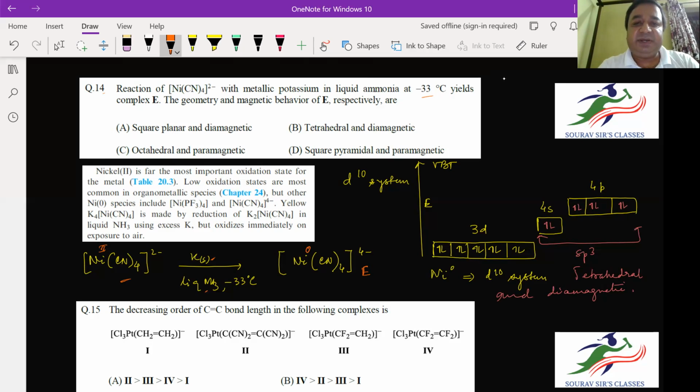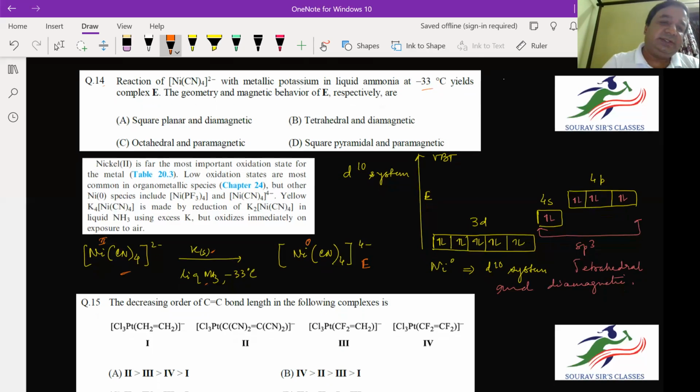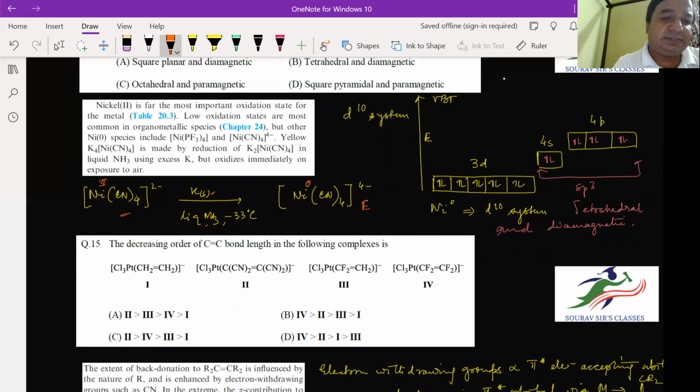So if you do the VBT, you will find this complex to be diamagnetic, and it will be square planar.